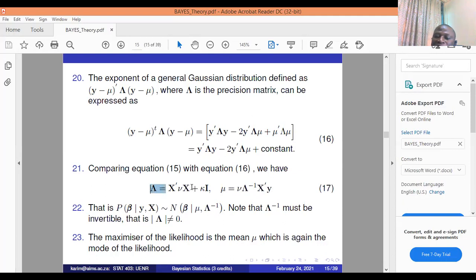And our precision is given by this. In general terms, what that means is that our posterior distribution of the parameters is normally distributed with the parameter beta, given the mean and the variance covariance. So our variance is this guy here, and the posterior mean is what we have here.